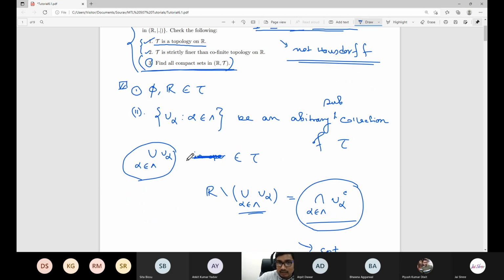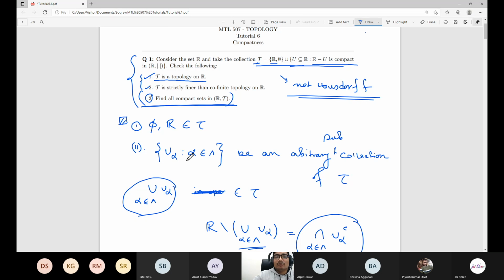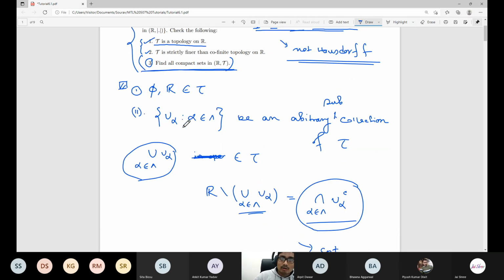I also asked sir about this problem, but he initially told me that every subset will be compact, and later I had some example where the set is not compact. So in this problem also it can happen that the closed sets are the only compact sets, but we do not know.